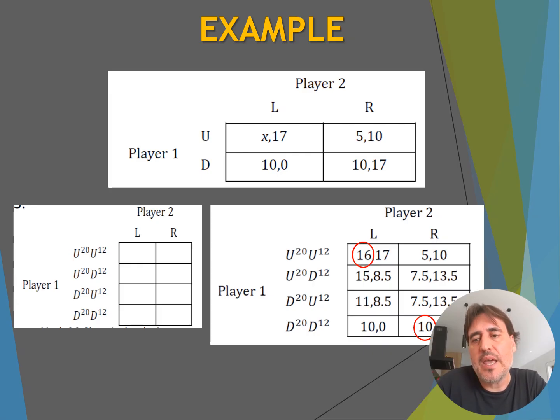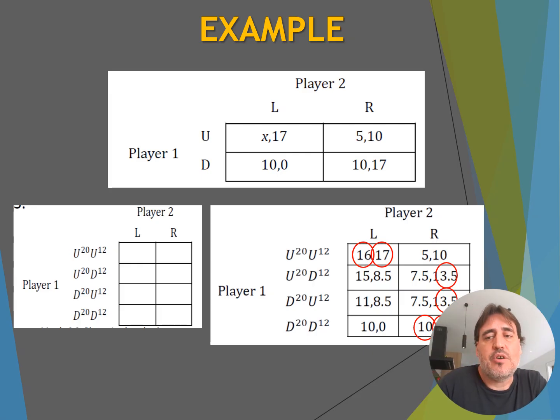In a similar way, if player 1 plays UU, player 2's best response is to play L, earning 17. If player 1 plays UD, the best response for player 2 will be R. If player 1 plays DU, the best response for player 2 is R. And finally, if player 1 plays DD, the best response for player 2 will again be playing R.